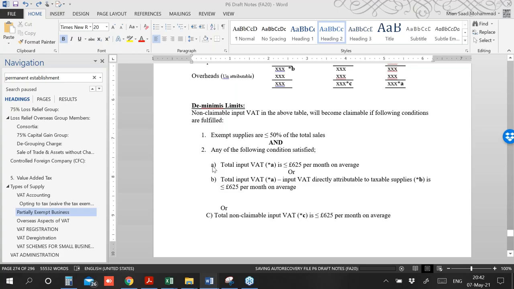However, as I told you that, for example, there's the rent of the building, it cannot be traced that how much rent shall we attribute to the exempt courses and how much to the taxable. Now, what do? We normally calculate a percentage on the basis of sales, that if 70% of the sales is taxable, then 70% of the rent should be attributable to taxable supplies and 30% to exempt. So the input VAT suffered on the rent, 70% of it can be attributed to taxable supplies and 30% to exempt. But do remember that rent is not directly attributable.